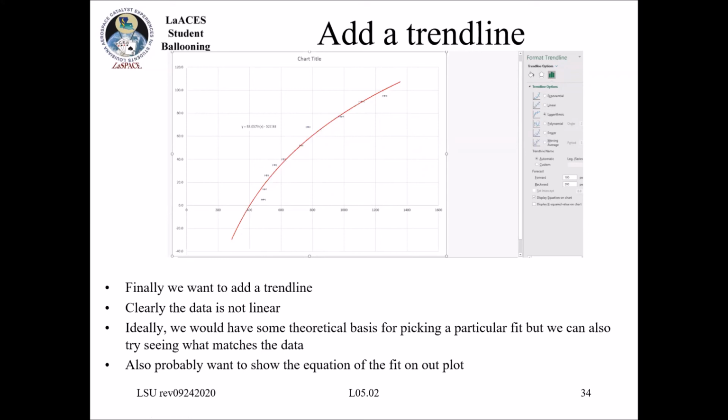Ideally, you would have, either by analyzing the circuit ahead of time, or knowing the theory of operation, or maybe just having a pure physics theory, an idea of what sort of behavior you're expecting and go into it looking at that fit. However, that may not be the case. You may not know. So you can look at which of the different types of fit will match.